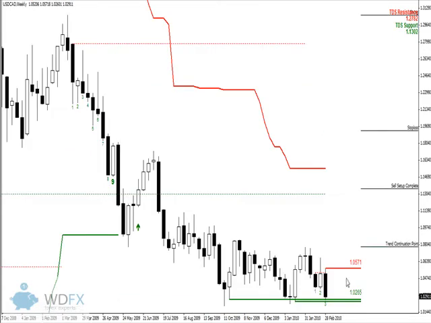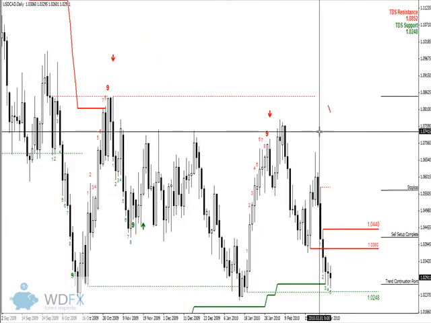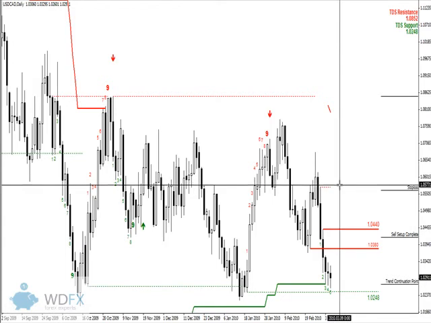On the weekly chart there's really nothing up above unless you're looking at the 571 level, which is quite far up there. It's like a 50% retracement of the move. We don't really have much else up there.